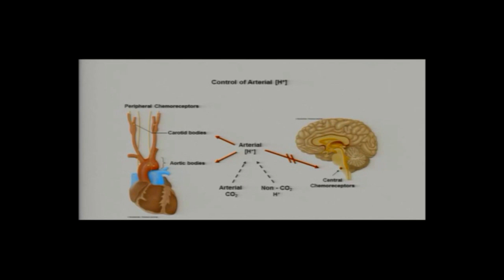So if there is a rise in CO2, the central chemoreceptors are very likely going to respond before you get a really significant change in overall blood pH. Does that make sense? So a rise in CO2 is predominantly going to be addressed by the central chemoreceptors.